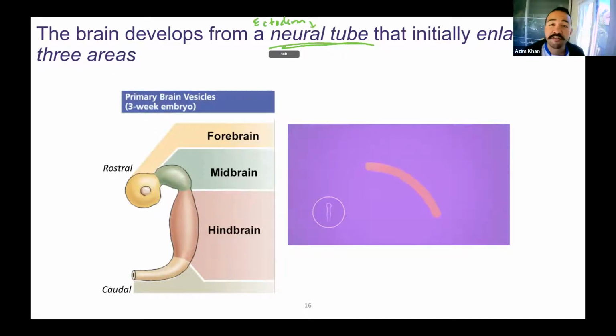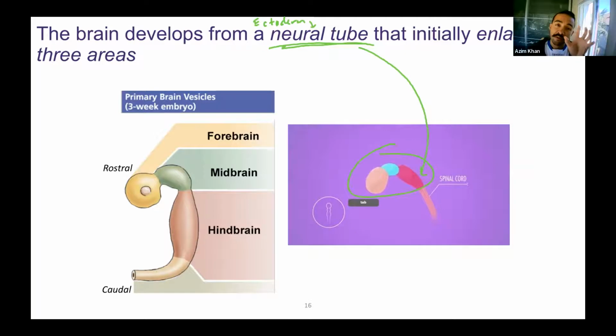Nervous tissue comes from ectoderm. And some of this ectoderm forms a tube, this tube that you can see right here. And from this tube, this differentiates and starts enlarging, and one end of it enlarges into what will become the brain, and the rest of the tube will become the spinal cord.